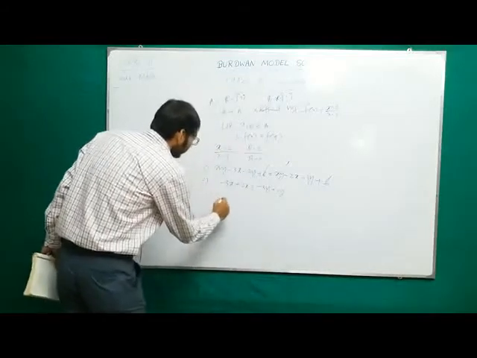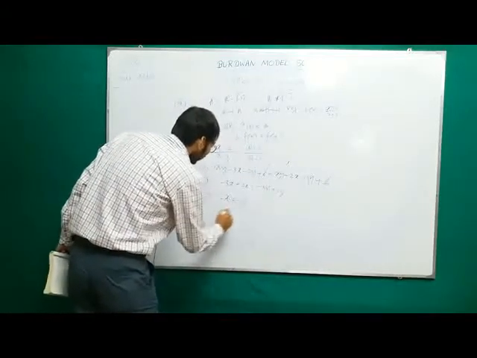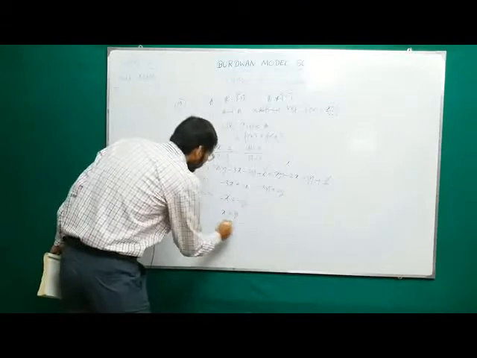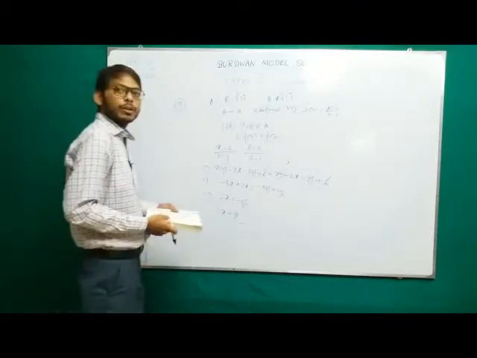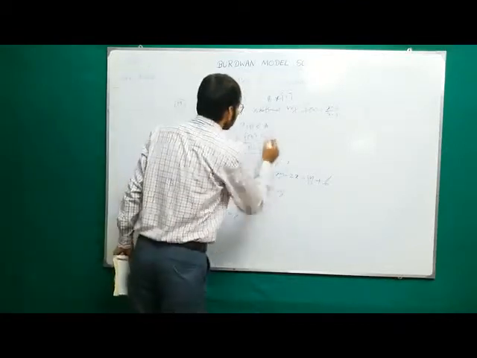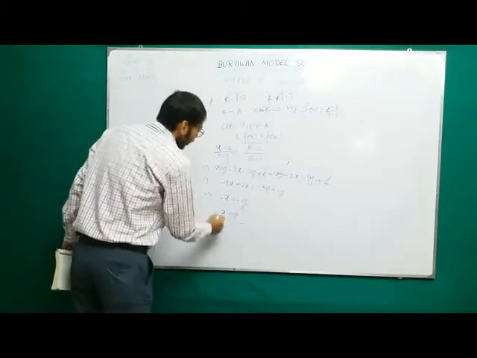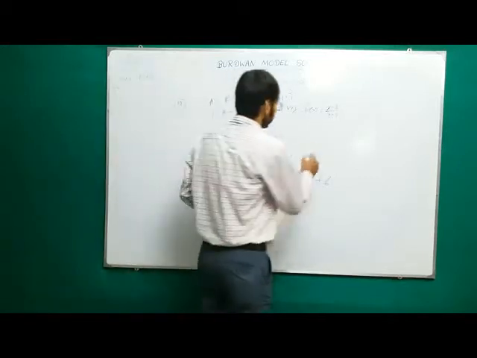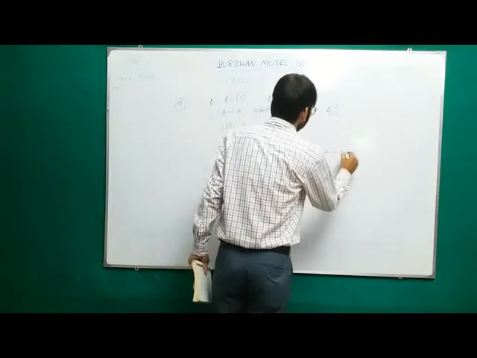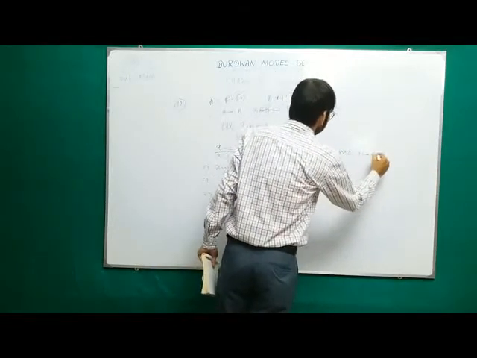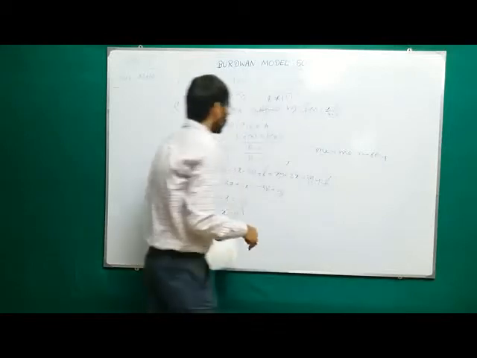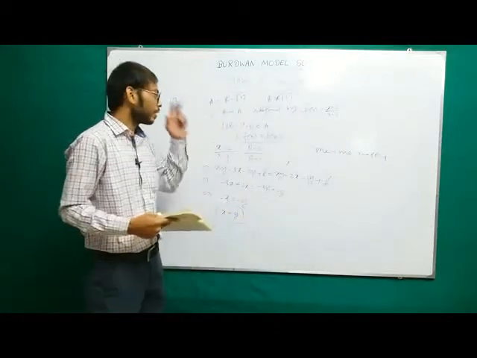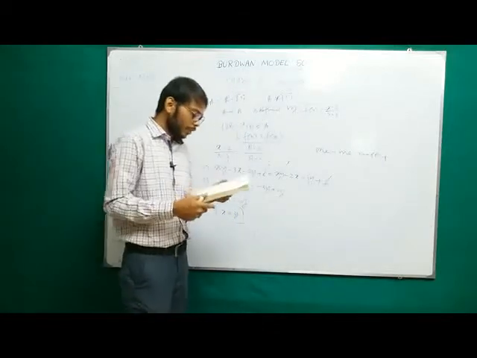That means minus x equals minus y, that means x equals y. So we have proved here, whenever we take f of x equals f of y, we get x equals y. From the definition we can conclude that this is a one-to-one mapping.